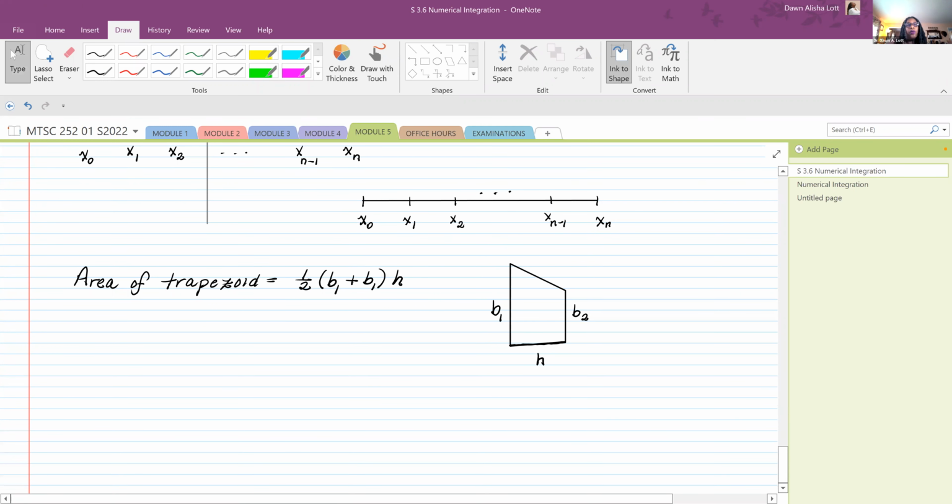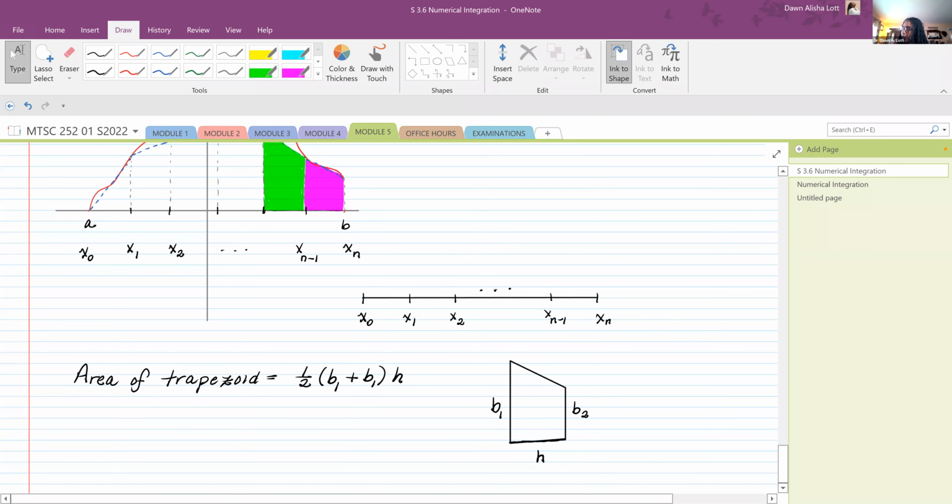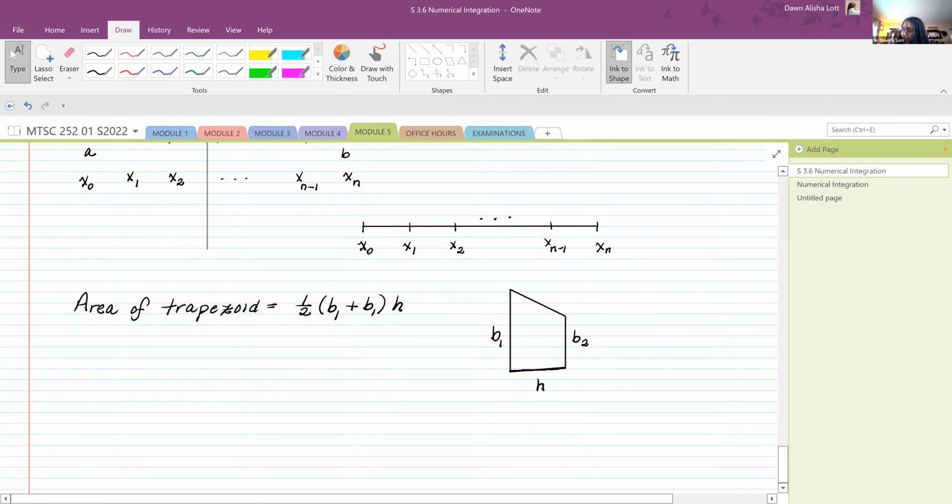All right, so just for this one trapezoid, that means the area is going to be 1/2.